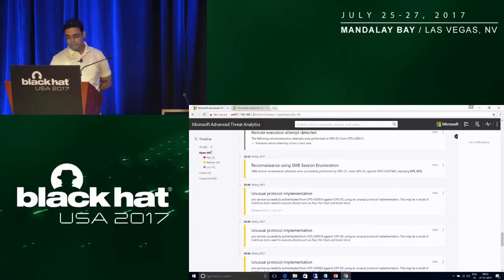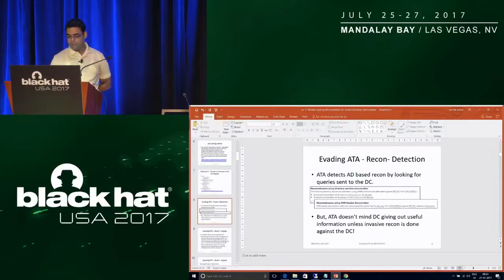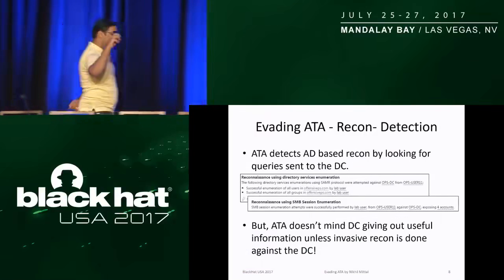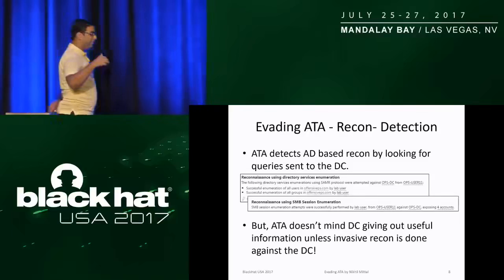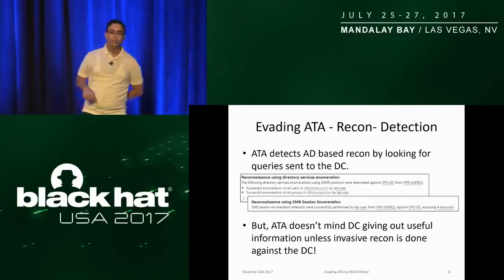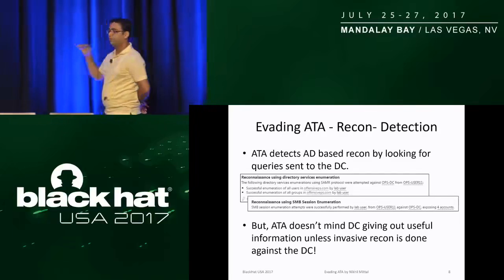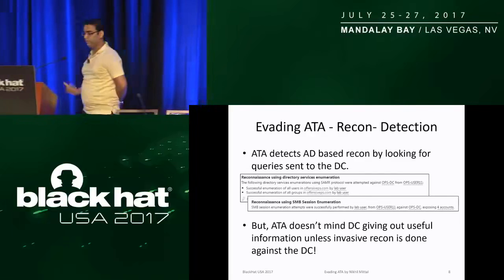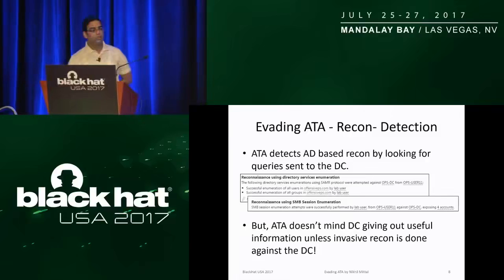So when I first encountered ATA, this is the thing which worried me. Your session enumeration getting detected or raising a couple of flags which get marked as resolved is fine. But this tool can pinpoint a particular box and user, which was scary for me the very first time.